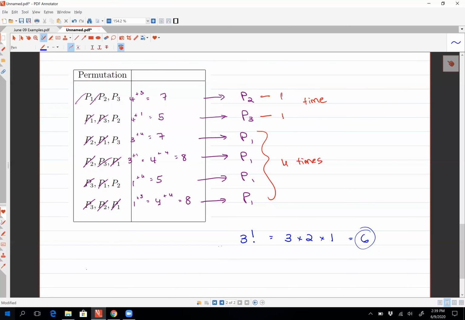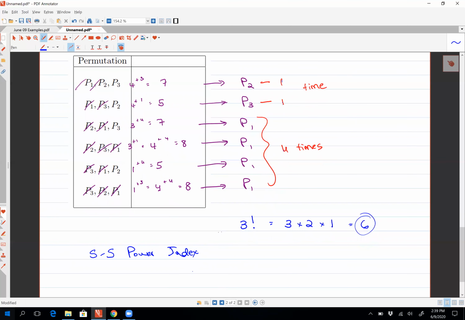So the Shapley-Shubik power index for each voter now is how many times they are pivotal divided by the number of permutations. So for P1, it would be 4 out of the 6 times, which means in this case, 66.7%.